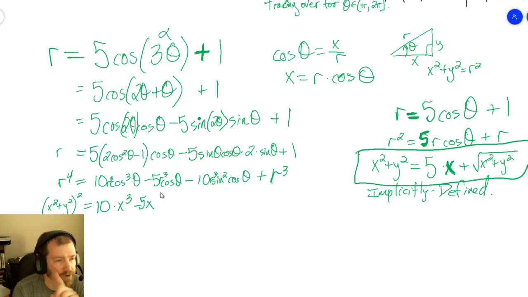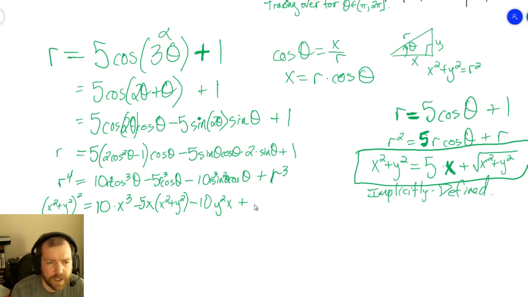And then the other r squared is just going to turn into x squared plus y squared. This isn't nearly as bad as I thought. So this is a minus 10 r squared sine squared theta, r squared sine squared theta is going to become y squared, and r cosine theta is going to become x.